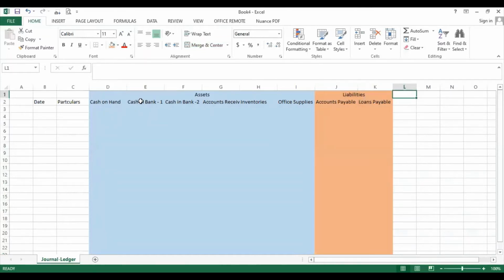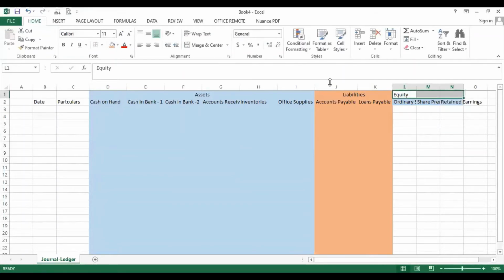So you have your assets, liabilities, you have your equity. Your equity includes ordinary shares, share premium, and retained earnings.